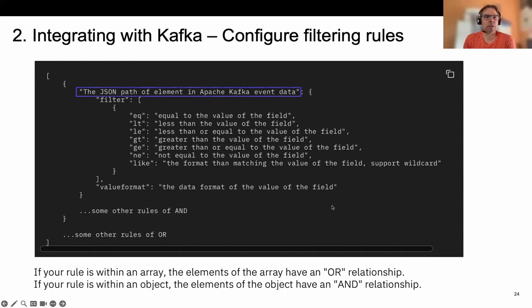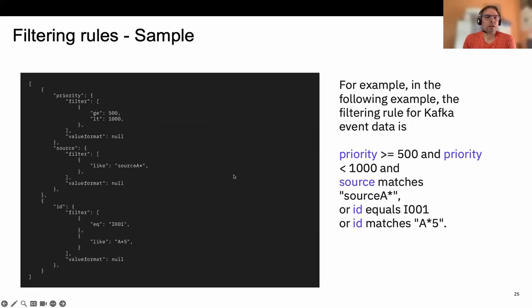And one example is shown here. If you want to, for example, only show those Kafka events in Z ChatOps that have a priority above 500, priority below 1000, and source matches source A, and ID equals I001, and so forth, you can define all these kinds of rules. This would look like that on the left side.